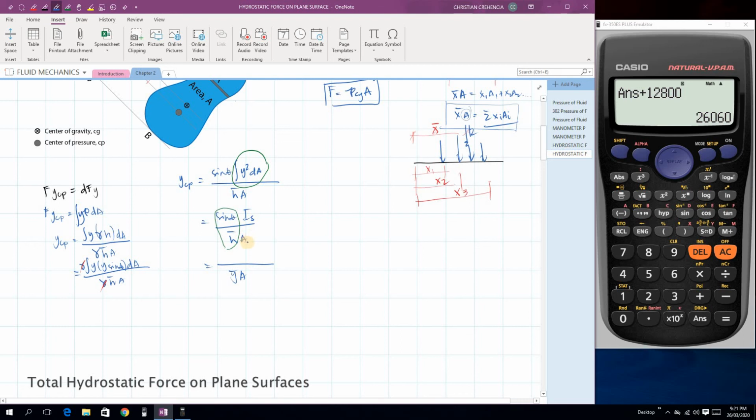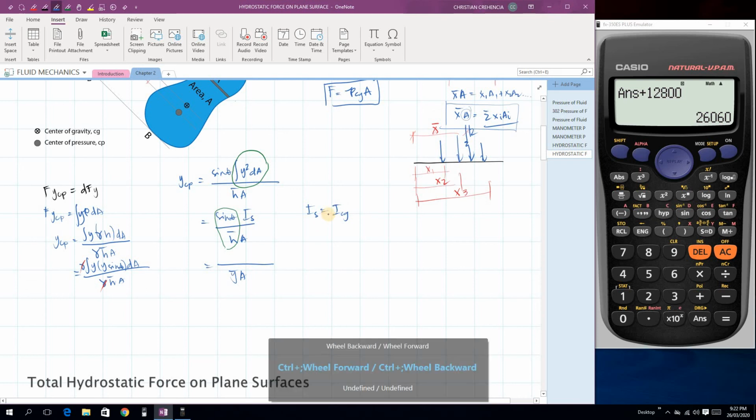Okay, so if we have a moment of inertia, but in our formula, it is the moment of inertia about the surface. So if we need the moment of inertia from the surface, how do we get it if we have the moment of inertia from the center of gravity? We transfer it to the axis we are considering, which is the liquid surface.